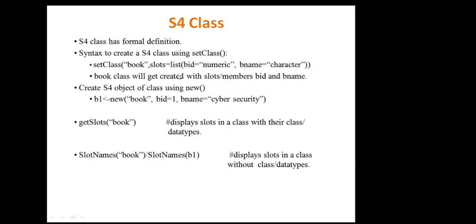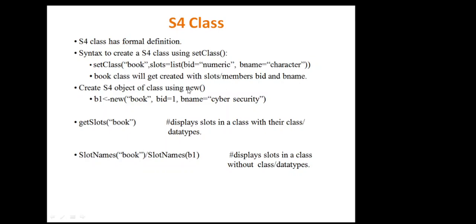Along with the slot name, we need to specify the type of each slot also, because the S4 class has a predefined structure. So here I want to have two attributes, or two slots, for my book S4 class: book ID, which will be of numeric type, and book name, which will be of character type.